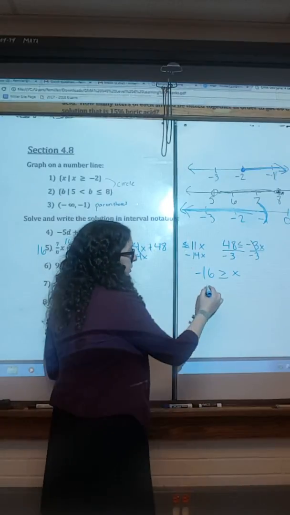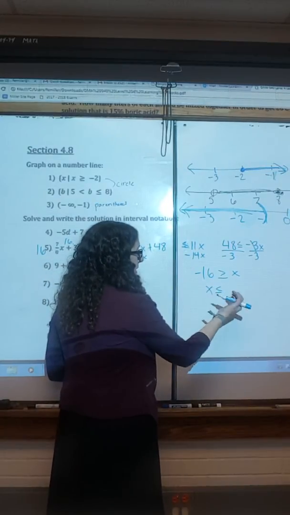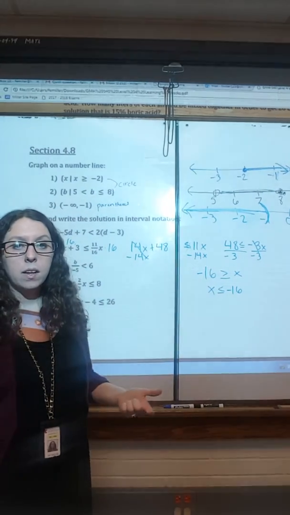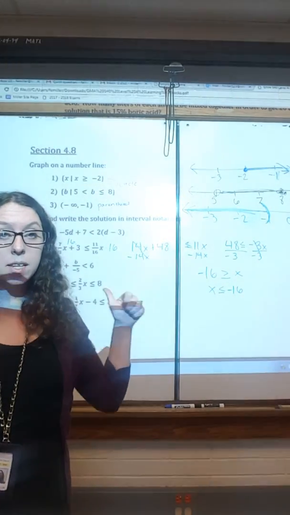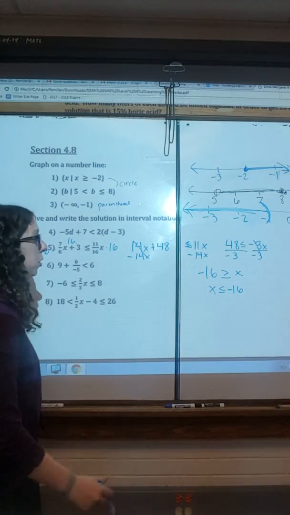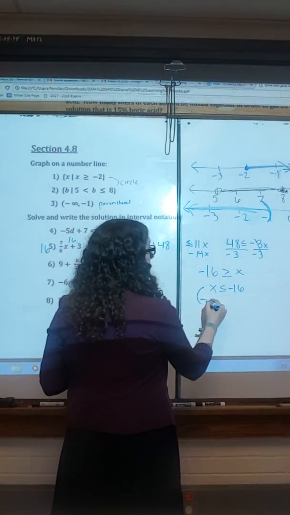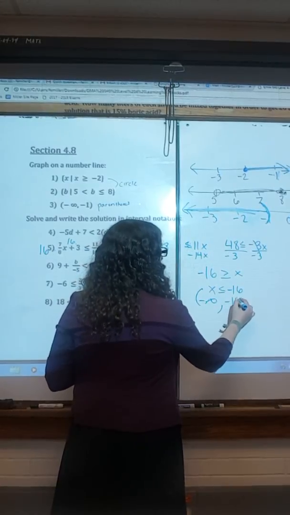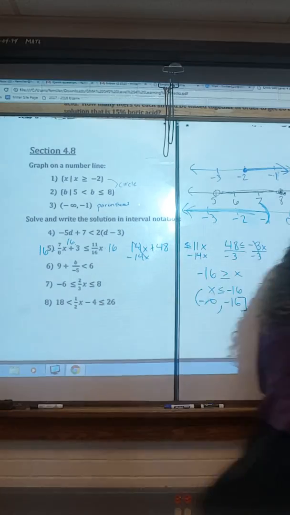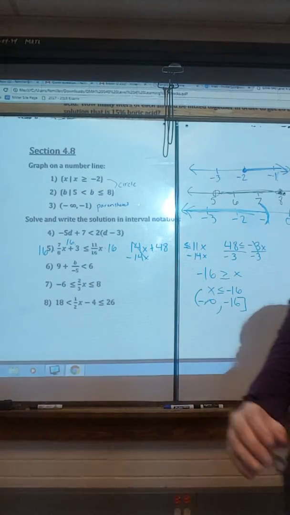Or we can also say x is less than or equal to -16. Either way you want to say that would be fine. So if x has to be less than -16, so -17, -18, -19, so on and so forth, we're looking into the negative infinity. So this would be -infinity to negative 16, and then this time you can put a bracket.